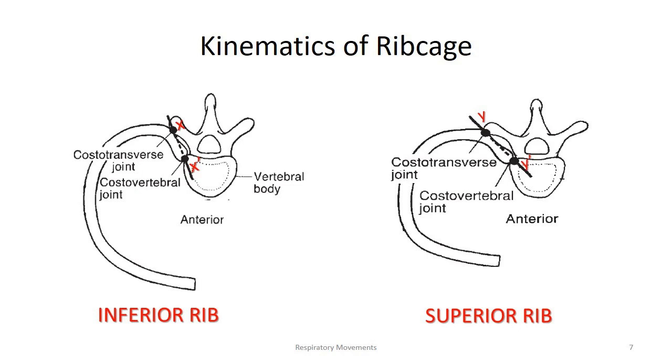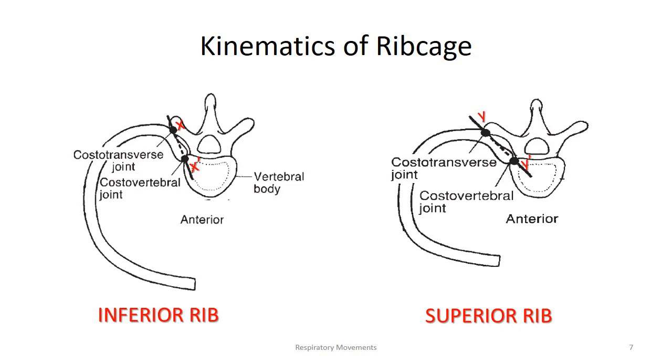The axis of movement of superior ribs is slightly inclined towards the frontal plane. So the movement will occur exactly perpendicular to this axis, and that will be in the sagittal plane. Always remember, axis and plane are perpendicular to each other. So for superior ribs, the movement will occur in the sagittal plane.